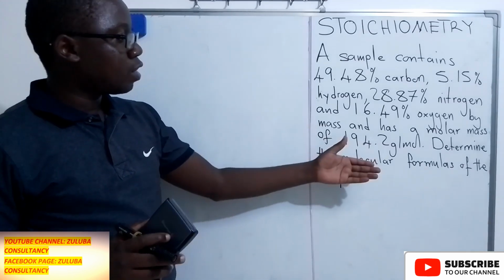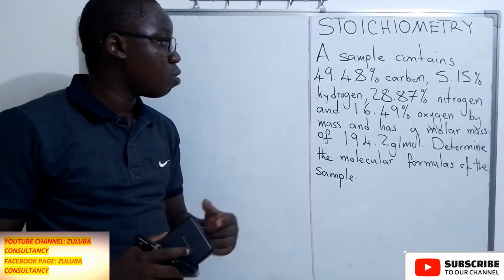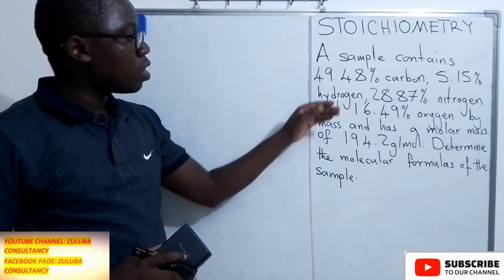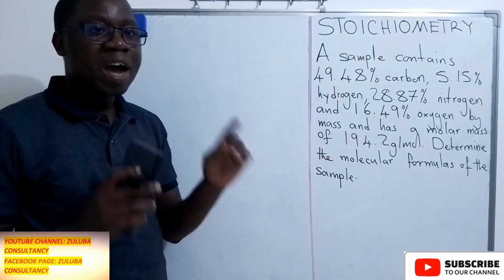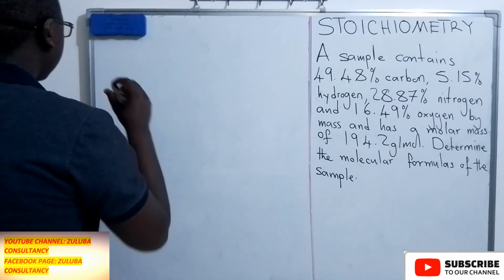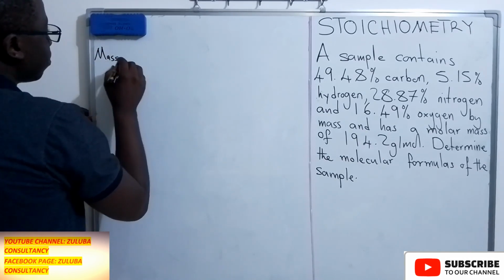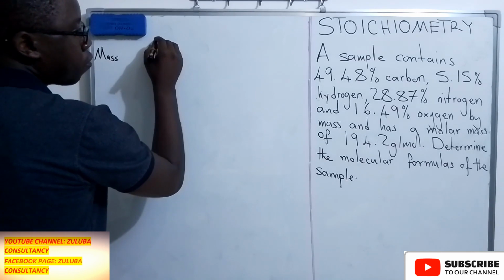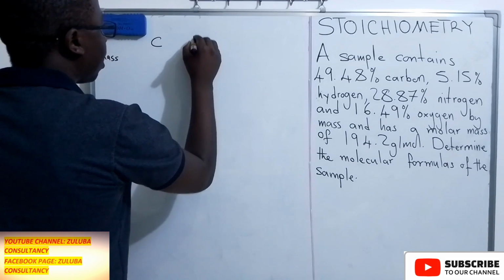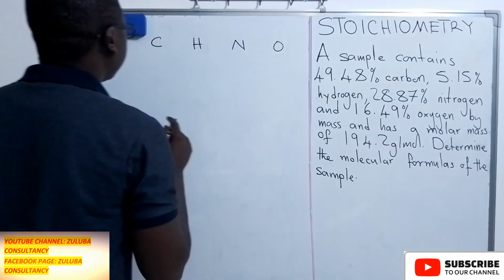Now, before you can determine the molecular formula, the first thing you need to do is to determine the empirical formula of this sample. And the percentages which we have been given are the percentages by mass. So let's convert these percentages to the mass. As the first step, we have carbon, hydrogen, nitrogen and oxygen.